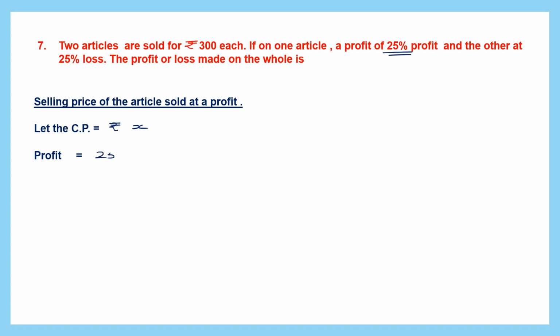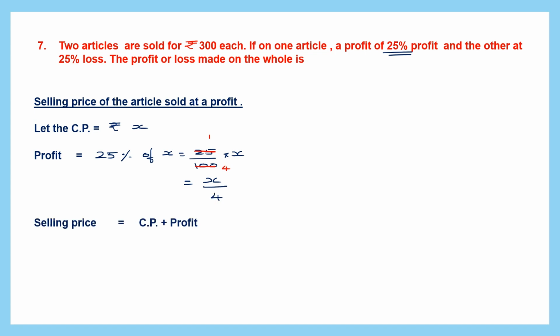So 25% of X was the profit. That is 25 by 100 into X. Now I can cancel 25 and 100, this becomes 1 and 4. So 1 into X is X, and by 4. So the profit is X by 4.